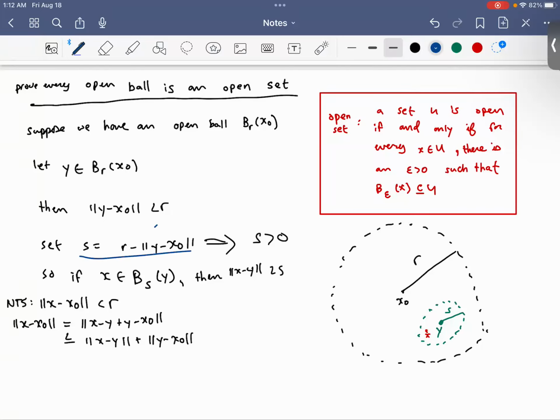And what we get from this is that r is equal to s plus the distance between y and x naught. And we have the distance between x and y is less than s.